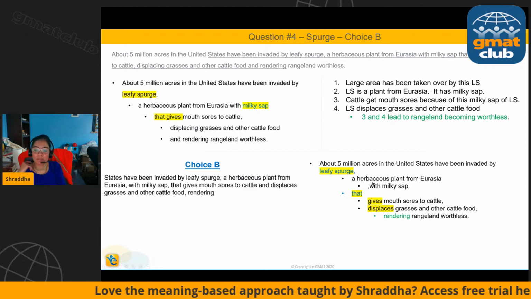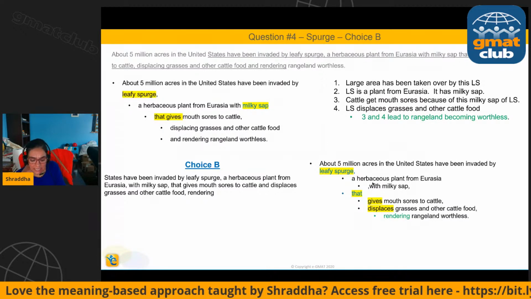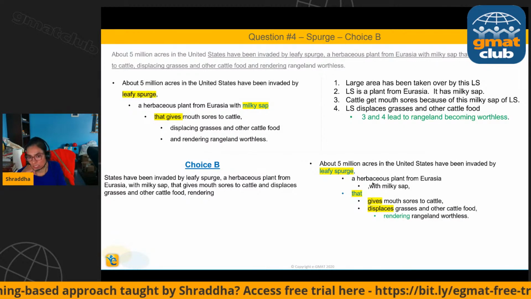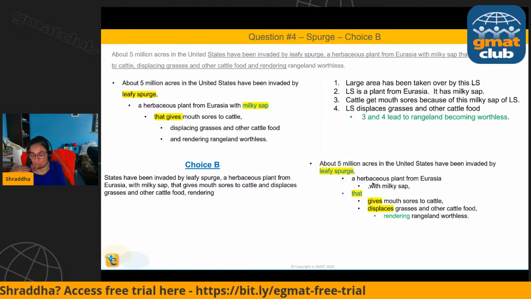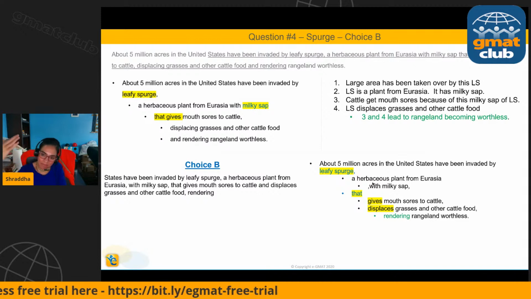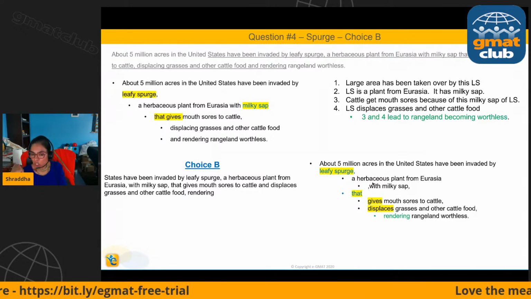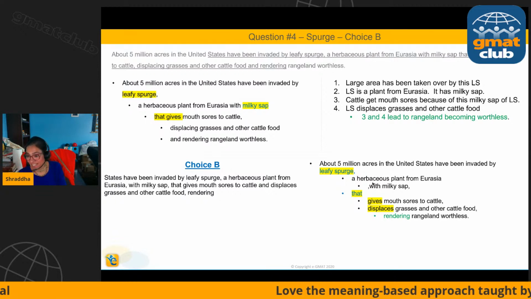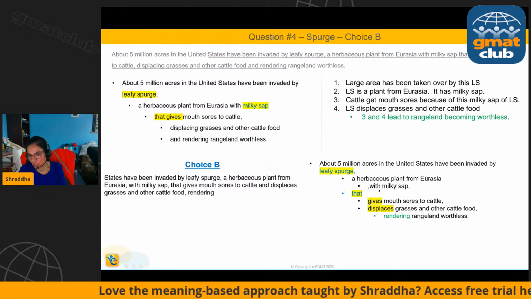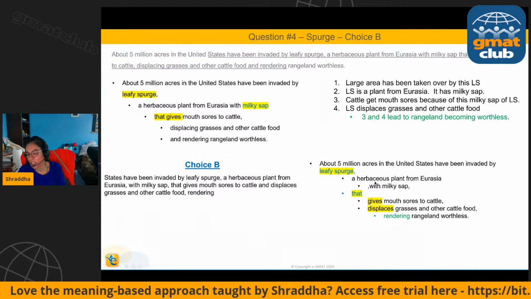So if you go to GMAT Club, we have a very popular article over there which says noun modifiers can modify faraway nouns. And in that article, we have laid down all the conditions under which a noun modifier such as that can jump the preceding modifier, which we have here, "with milky sap", to modify a little far away noun.